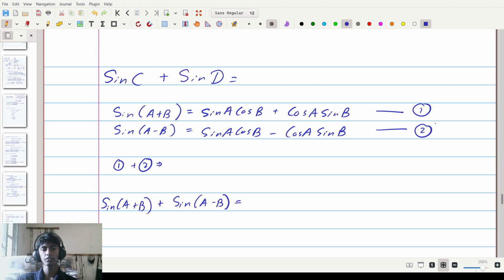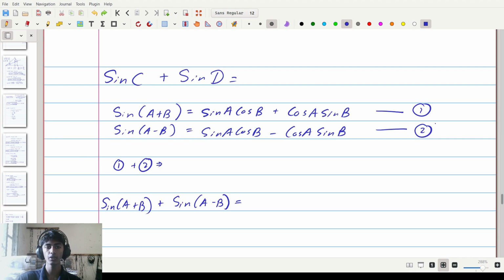So we have sine a cos b plus cos a sin b plus sine a cos b minus cos a sin b. So if you add both right sides together, this minus cos a sin b cancels with this plus cos a sin b. So we get the two cos a sin b's cancelling each other out, which means we don't have any cos a sin b in our final right hand side.